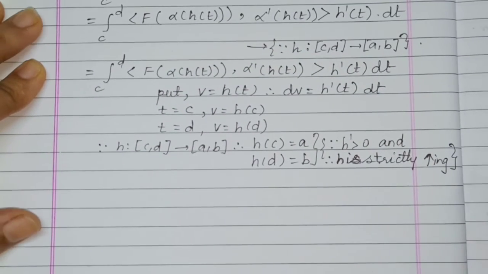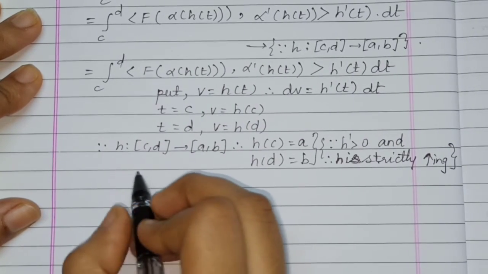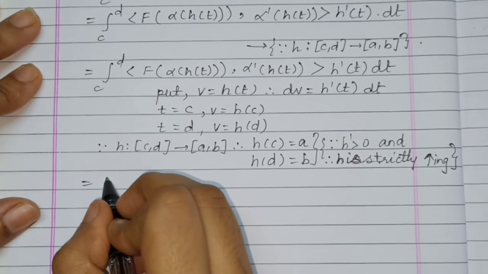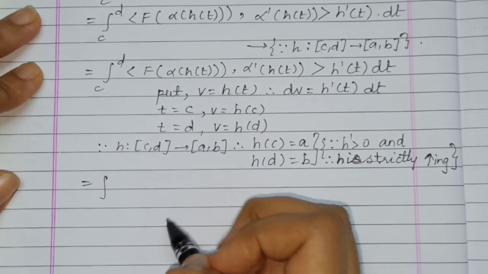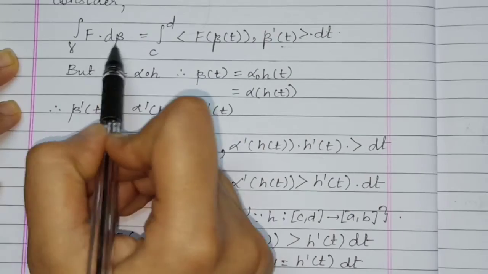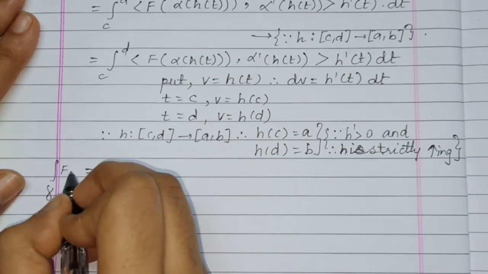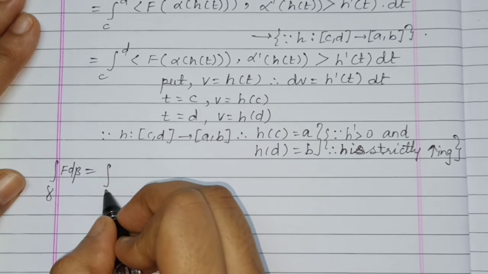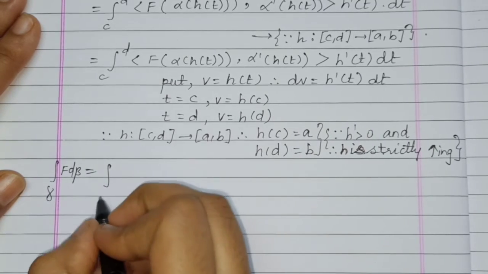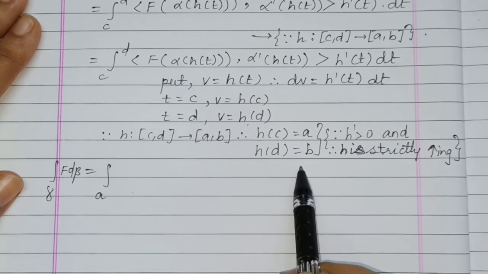So let us replace whatever values we have used for substitution. Left hand side remains as it is, that is line integral of f d beta over gamma is equal to, now instead of c we will have to put h of c, that is a, and instead of d we will have to put h of d, that is b.